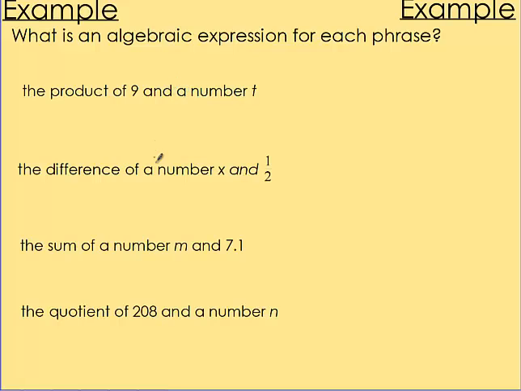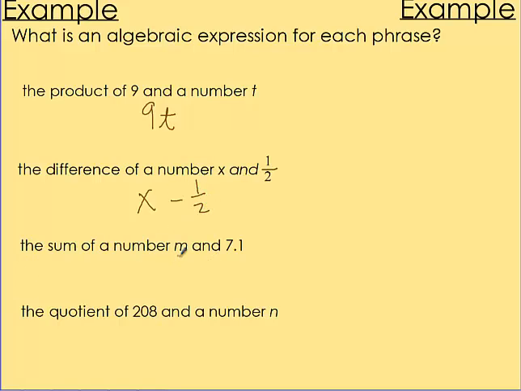What is the algebraic expression for each phrase. The product of 9 and a number t. Product means multiply, so that'll just be 9t. The difference of a number x and 1/2, that's 1 divided by 2. The difference means subtract. So x minus 1/2.